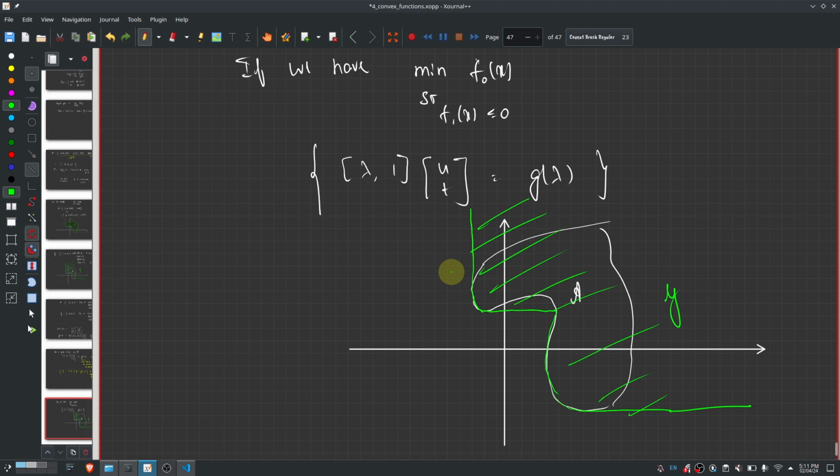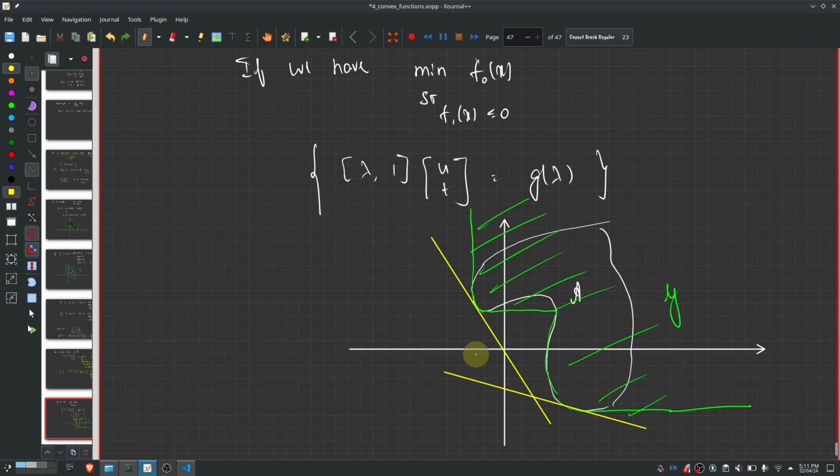It's basically a tangent to the boundary. Right? So this is one supporting hyperplane. This is maybe another supporting hyperplane, and so on.